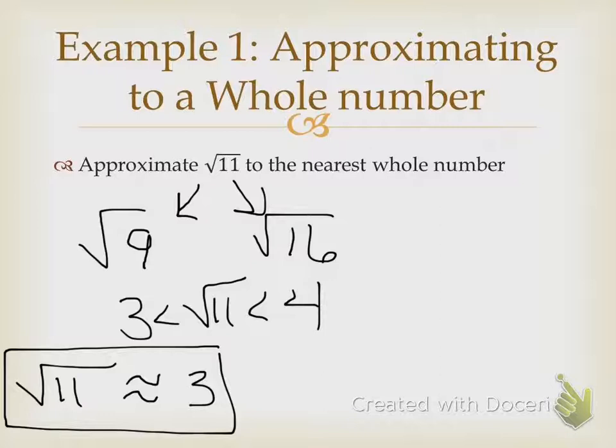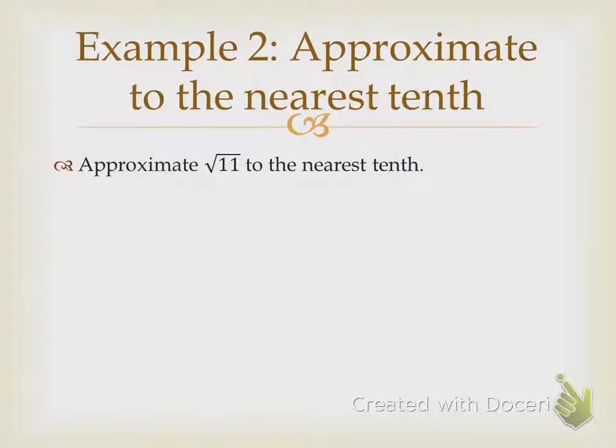Now in example 2, we're taking the same number, the square root of 11, and we're approximating it to the nearest 10th. Back in example 1, I found that the square root of 11 was greater than 3 but less than 4. When I'm approximating to the nearest 10th, and this is the work that you need to show on your homework tonight, always start with the lower number.